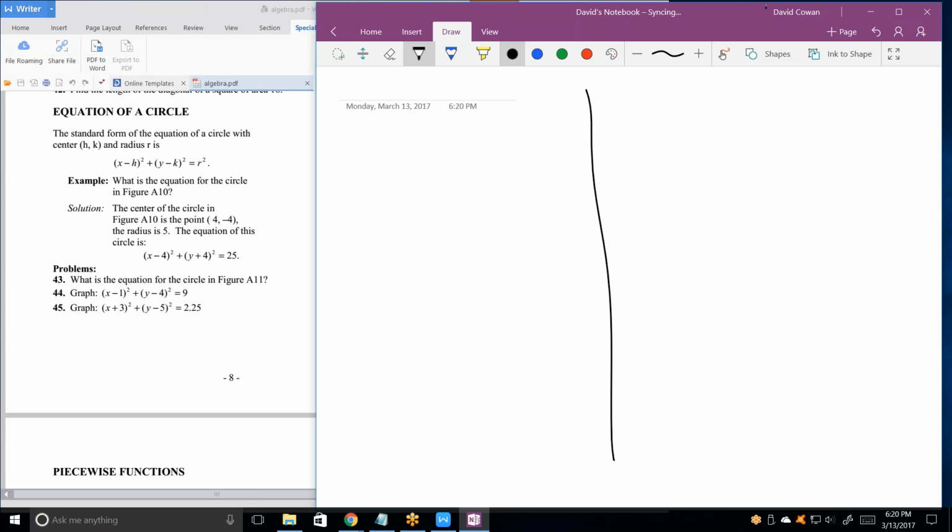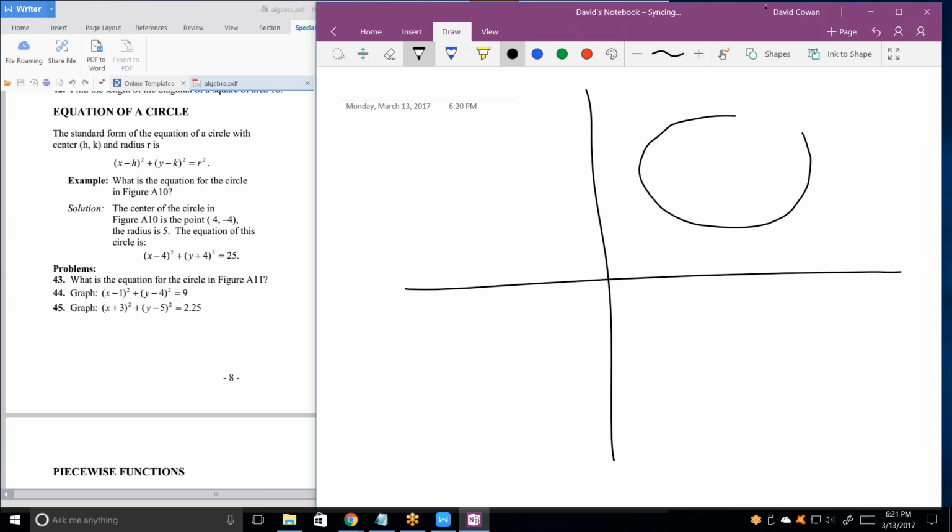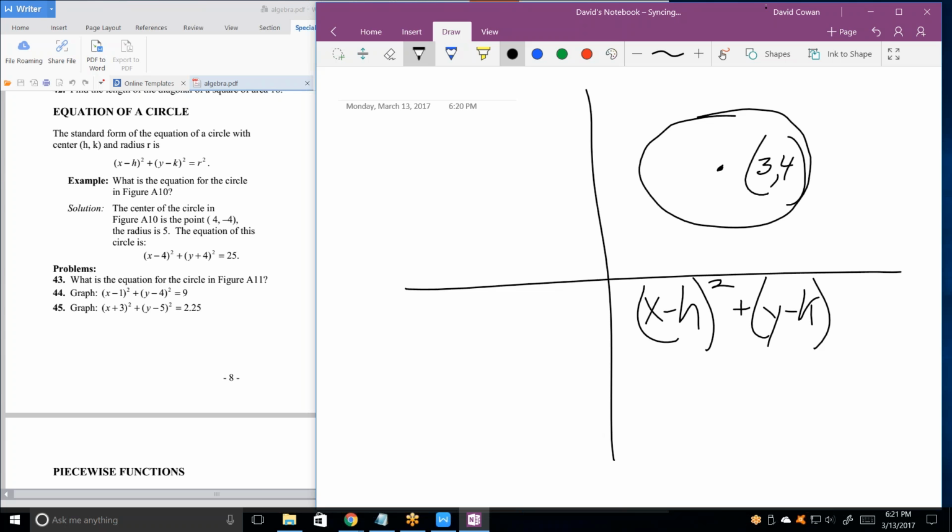It gets more complicated if the circle is not at the origin. By that I mean its center. Let's say that center is at 3, 4. Now the equation of this circle is x minus h, with h being the center's x coordinate, plus y minus k, with k being the center's y coordinate, equals r squared.